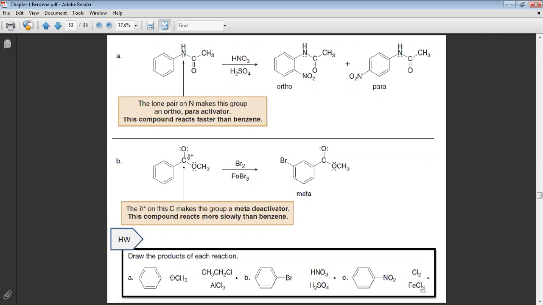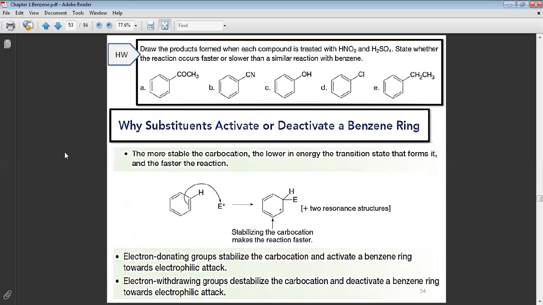Now, what is the name of the reaction? Halogenation, chlorination, or bromination, depending on the halogen. What is the orientation? Meta director. Good.